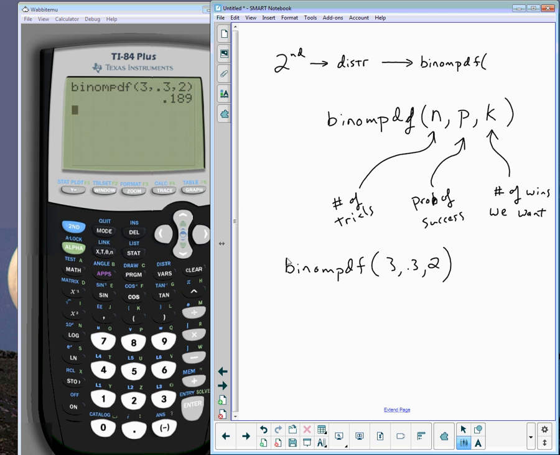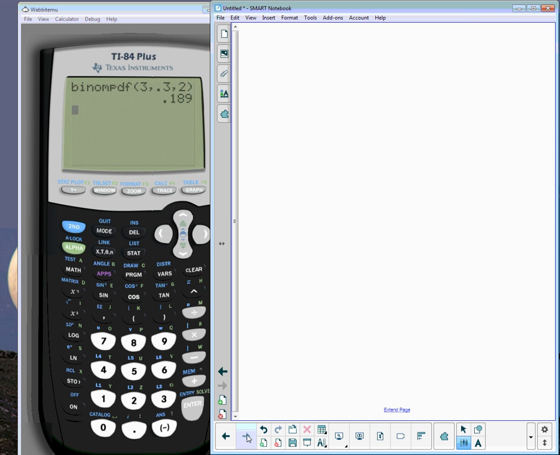Now, sometimes we are interested in looking at all of the probabilities. So the probability of 0 heads, 1 head, 2 heads, 3 heads. Okay? And to do that, it's nice to put it all in a table. Okay? So, K equaling 0, 1, 2, 3.